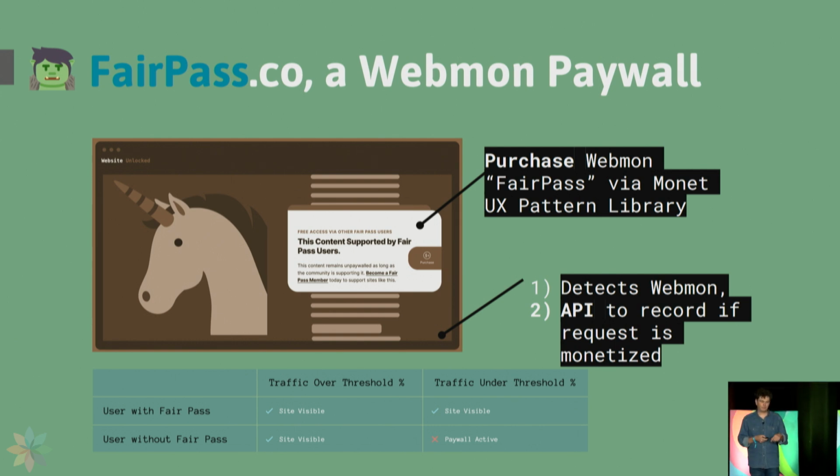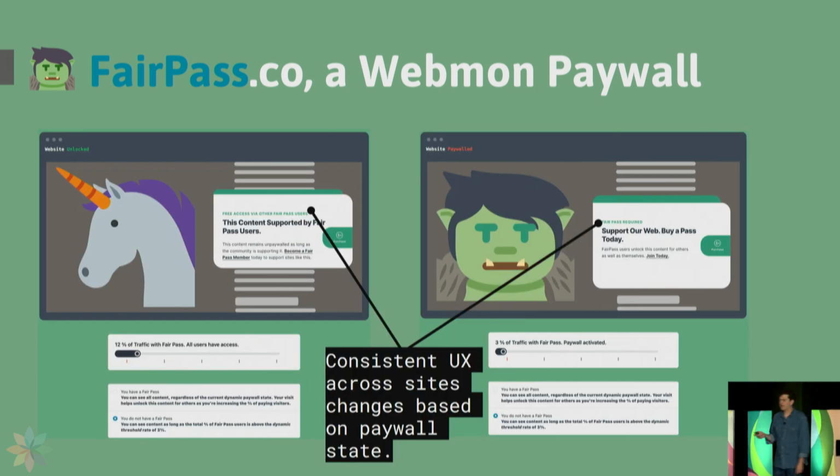It's two things: the Monet library that I mentioned before, and I'll demo in a second, and an API script that goes onto the website. The interesting thing about this implementation is that it's designed to work across all websites. So a user starts understanding the value that they're getting over time.